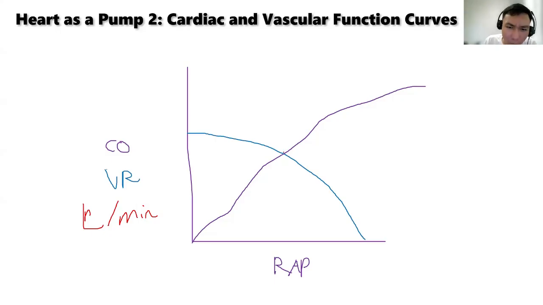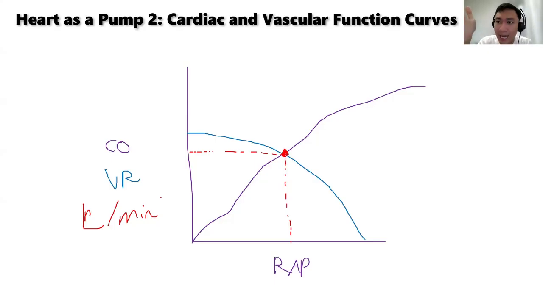So what is this intersection point right here? That intersection point is what we call our equilibrium point. Our equilibrium point is the right atrial pressure at which our cardiac output is equal to our venous return. Again, at the equilibrium point the curves intersect, so your cardiac output and your venous return should be equal.